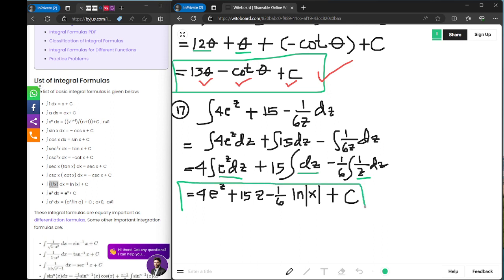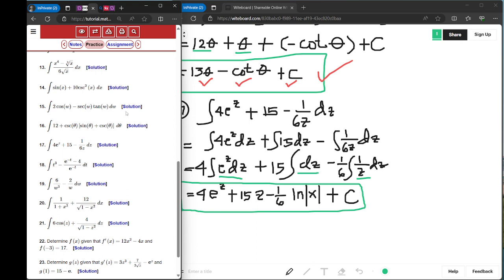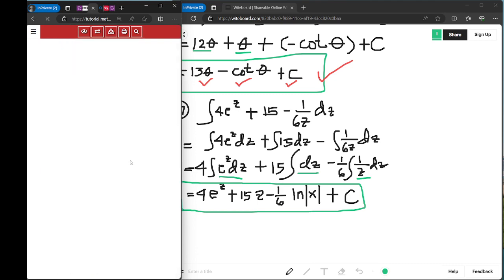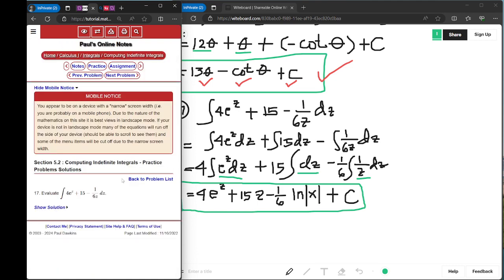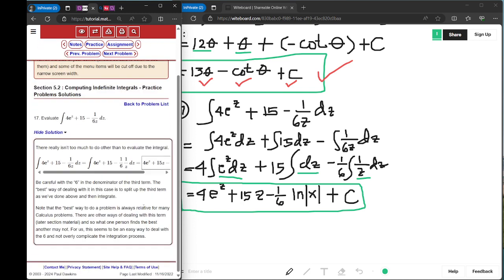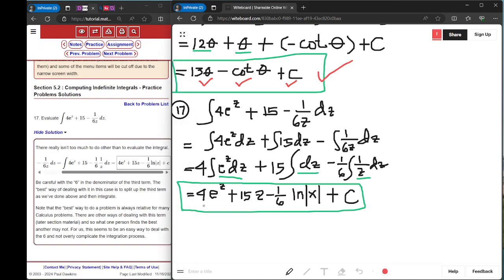And we will compare it with the answer of Paul. This is number 17. So let's check. Let's hope that we got it correctly. So that is for easy. e to the z, 15z, and 1 over 6. Ah, no. Okay, my bad. Sorry about that.